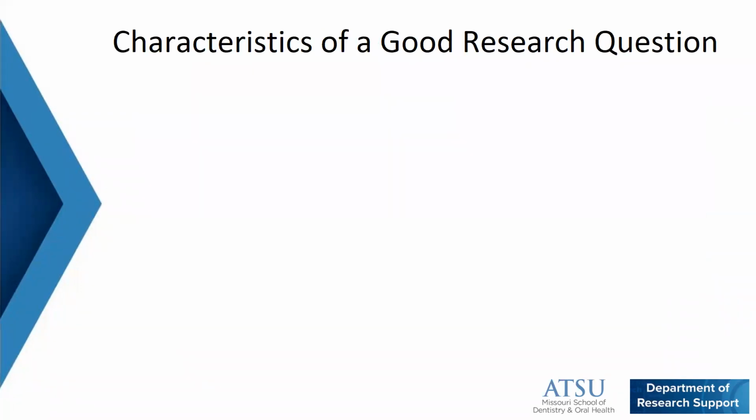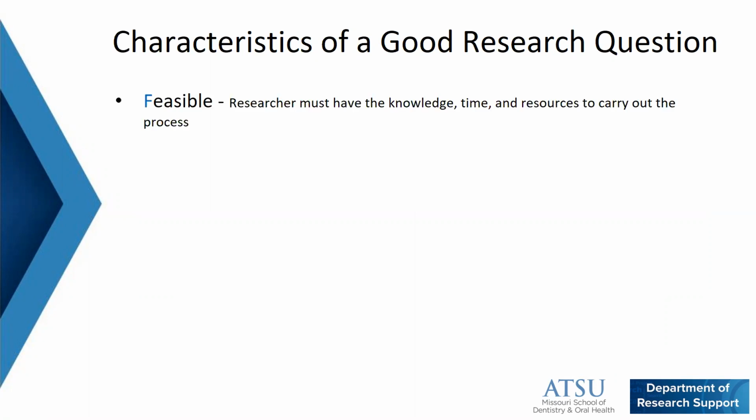Okay. Now, at this point, it's a good time to look at the characteristics of a good research question. Now, the F stands for feasible. The researcher must have the knowledge, time, and resources to carry out the process. Next, I stands for interesting.